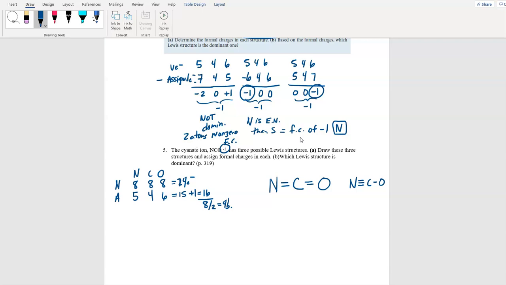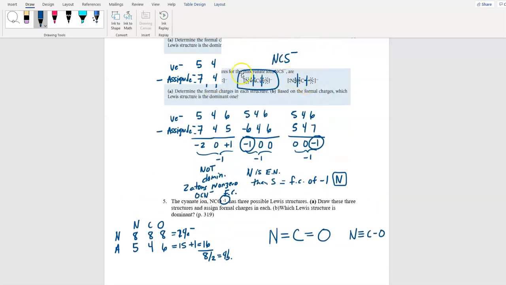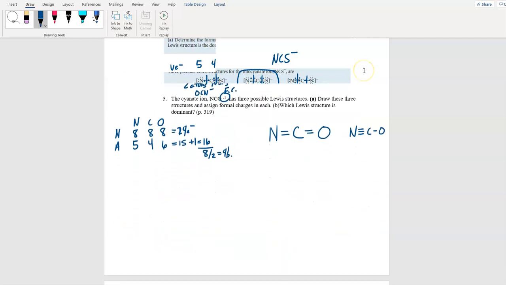What if the triple was over here on the oxygen? Okay, a little bit different than when we did up here, okay? You have to be able to move it around if the atom is different, okay? So we're going to do that also. We're going to put the single triple bond on this side, okay?